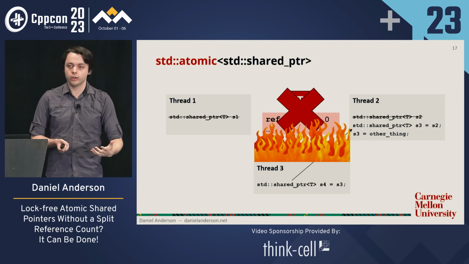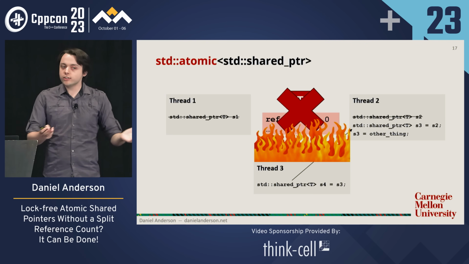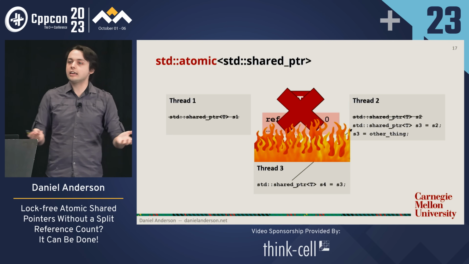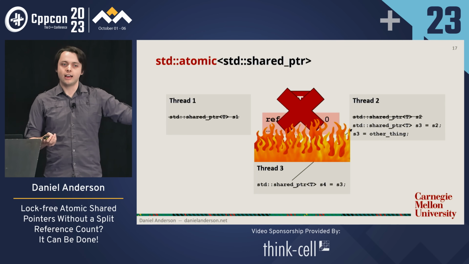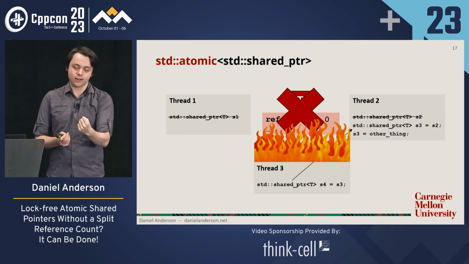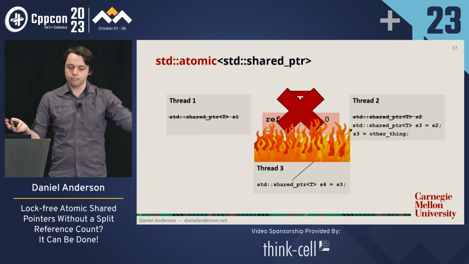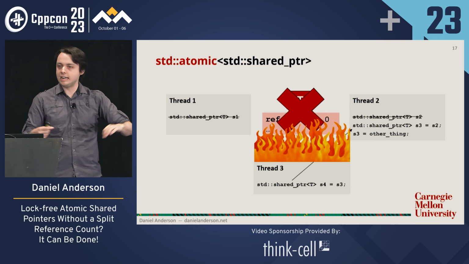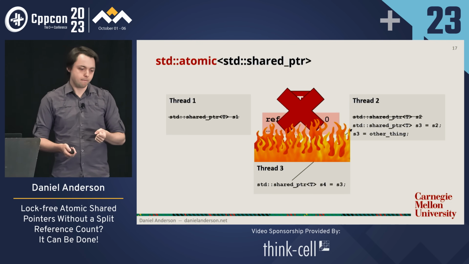The answer is no. The reference count is thread safe, but the shared pointer itself is no more thread safe than anything else. And this surely shouldn't be that surprising because it's no more thread safe than an int, right? If I just had an int and one thread was writing to it and one was reading, that would be a data race. So shared pointer is no more thread safe than any other non-synchronized variable.